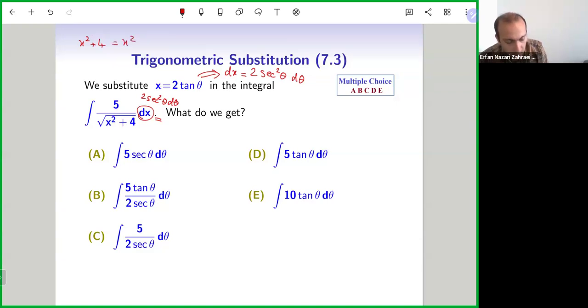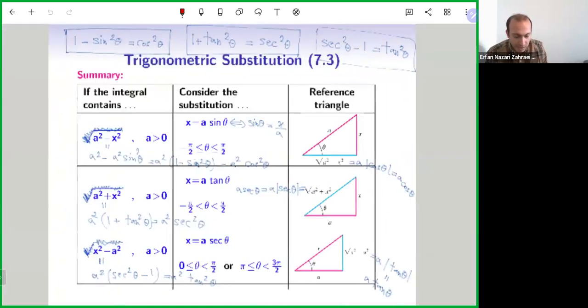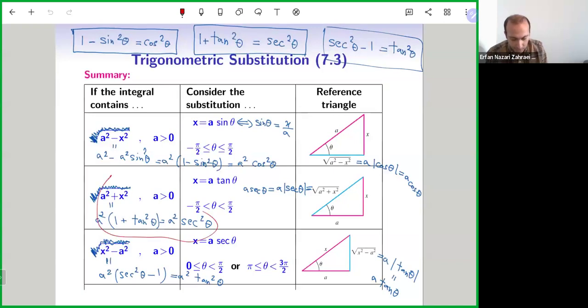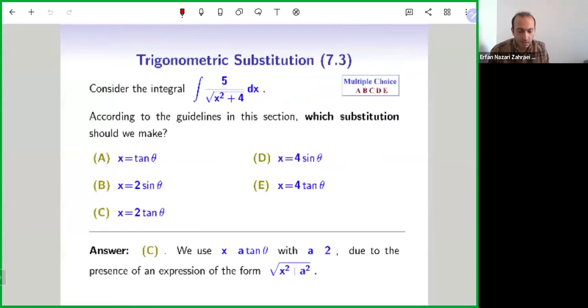I will do the computation again, but that's the same computation that I did in the table here to get these absolute value terms. And then I did some reasoning that the absolute value is redundant. That's the same computation.